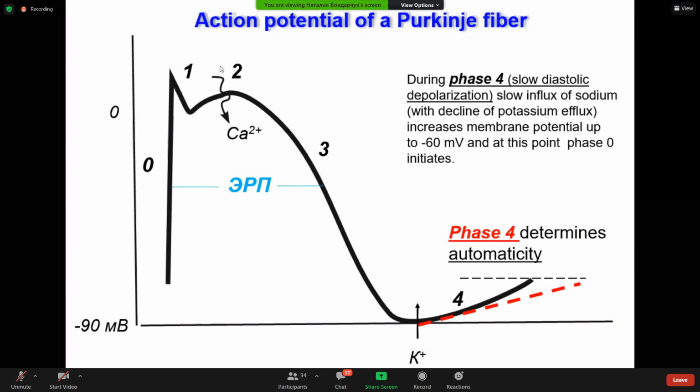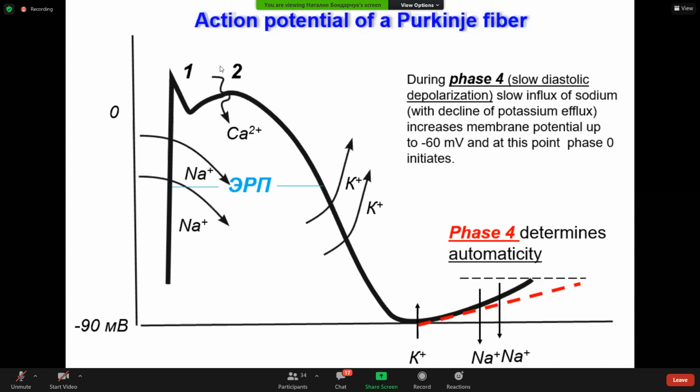So for example, if we are speaking about antiarrhythmic drugs that inhibit sodium channels, such drugs will cause increased duration of action of 0 phase. We are speaking about sodium channel blockers.